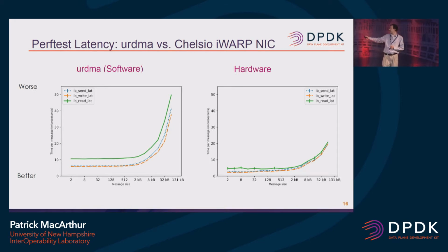The RDMA read latency looks worse because in RDMA read, the data arrives in the opposite direction as the requests. So it's measured as a round trip operation, whereas for the other two operations, the data goes in the same direction as the request, so it's measured as one-way.